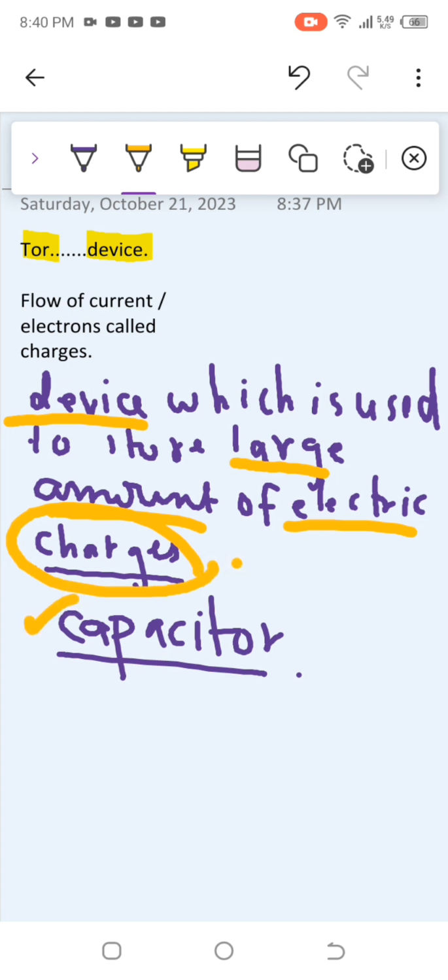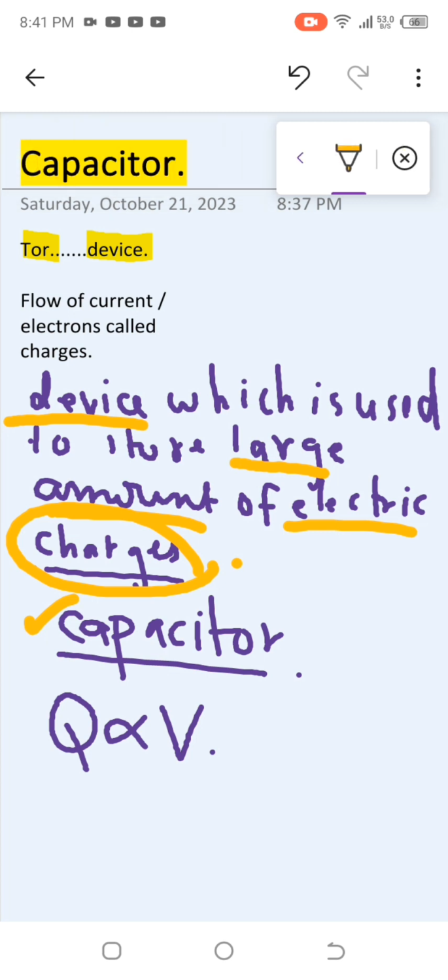Now the charge on a capacitor is directly proportional to the potential difference. The more we increase the voltage, the potential difference V, the more ability the capacitor has to store charges.